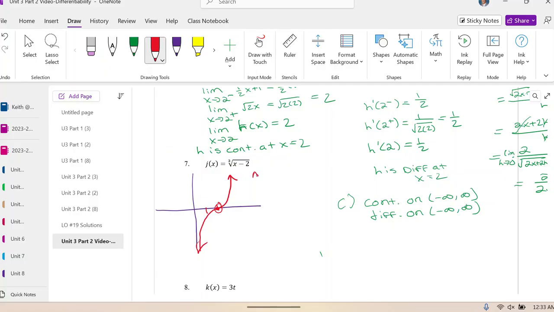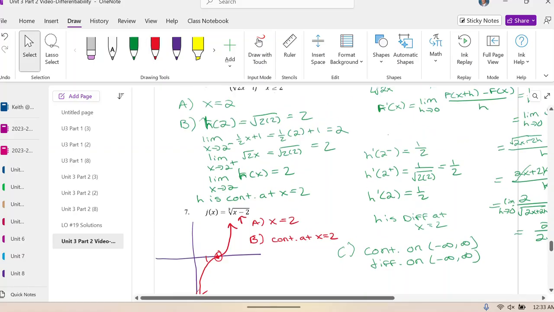So we're going to check x equals 2. That's the point that makes it equal 0. So for a cube root graph, it's continuous at x equals 2.